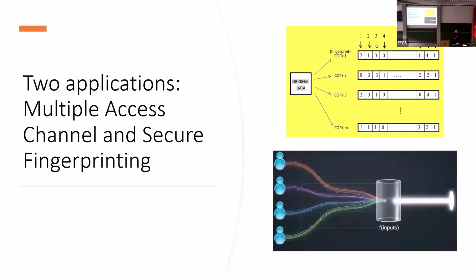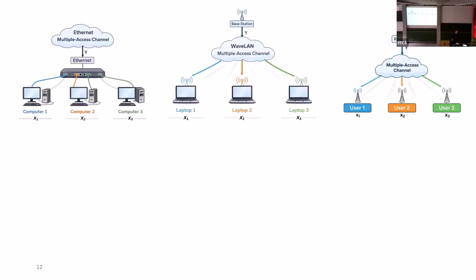Anyway, I will be talking about two applications, as I said: application to the multiple access channel and secure fingerprinting. Let's see first why superimposed codes appear in the area of multiple access channels. When we explain the problem of multiple access to our students, we usually use different examples, for instance, Ethernet or wireless LAN or satellite communication, whatever.